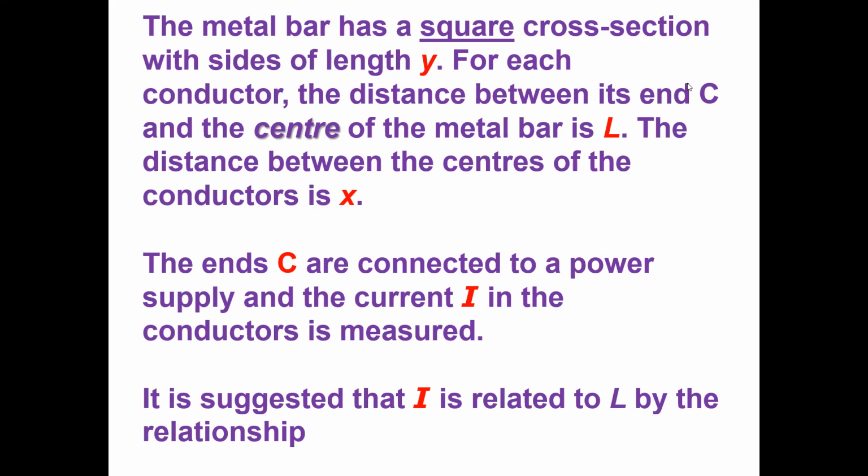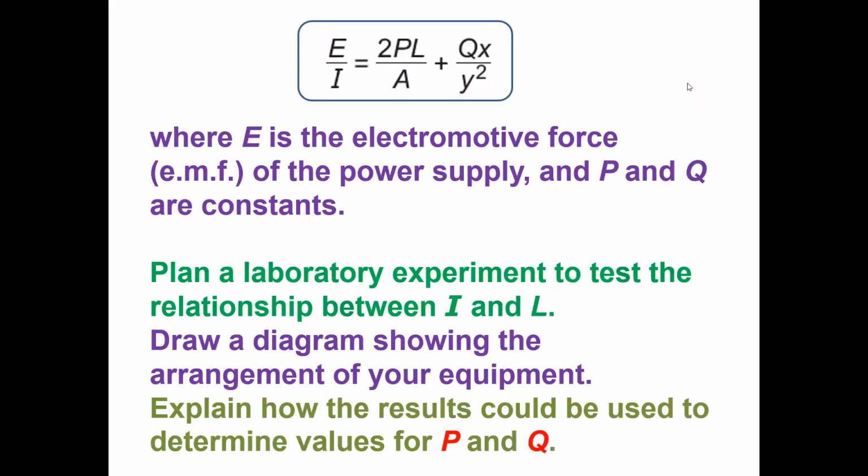The ends C are connected to a power supply and the current in the conductor is measured. It is suggested that I is related to L by this relationship. This is the formula, and a unique type of formula is given in every question.